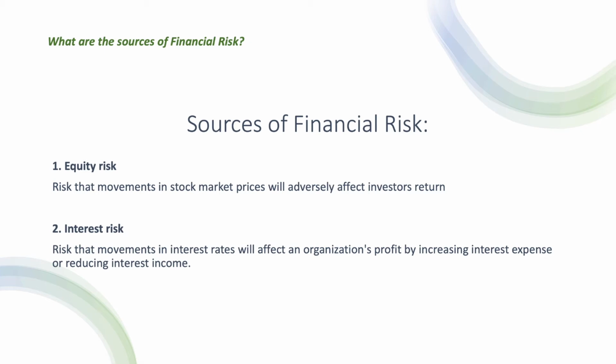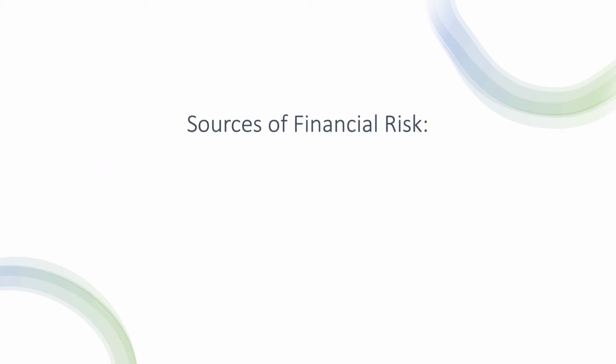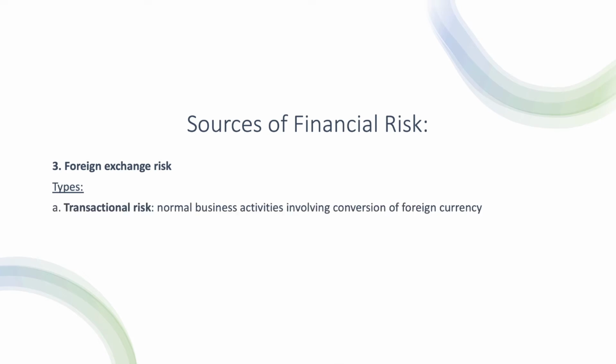Now, coming to exchange rate risk, which is more important, and we will give you a couple of examples at the end of this unit on how we manage foreign exchange risk. There are a few types. What is the first type? It's transactional risk.